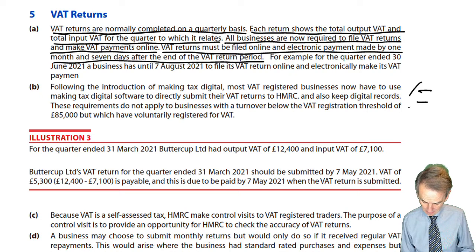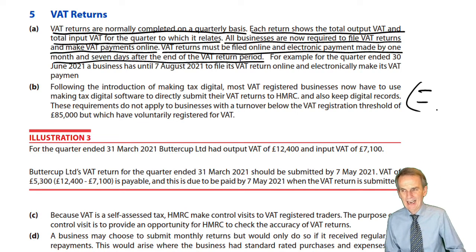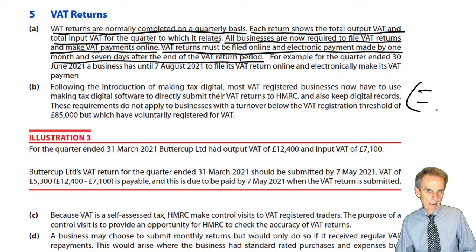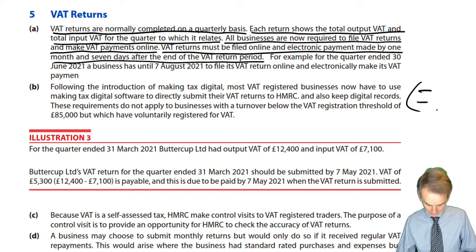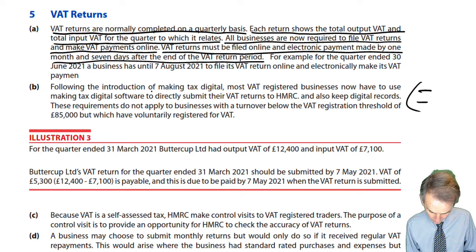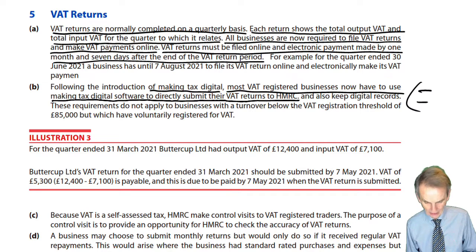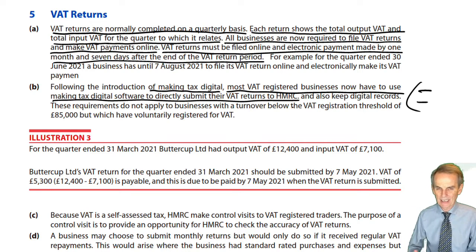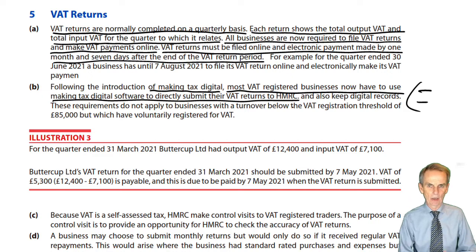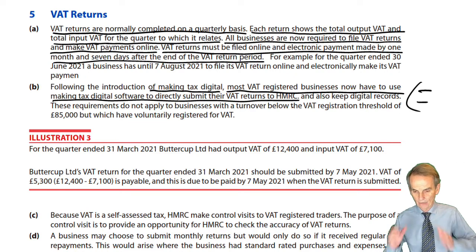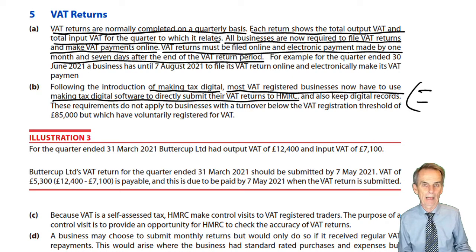This issue of online is rather more practical than it is of exam significance, but following the introduction of Making Tax Digital, most VAT registered businesses now have to use Making Tax Digital software to directly submit their VAT returns to HMRC. It makes things quicker and easier for HMRC to deal with if it's all coming through on a common platform.